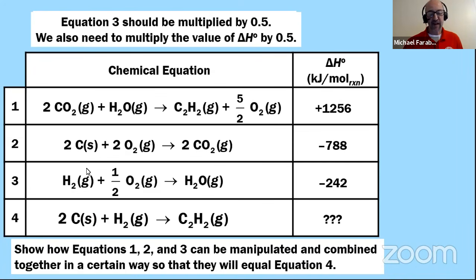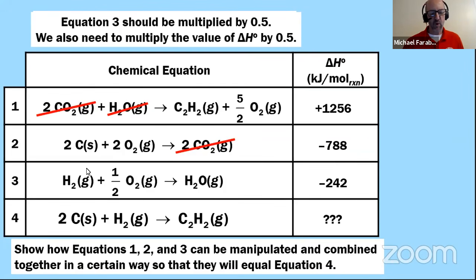So to verify that everything looks good, let's cross off all of the things that are not going to be showing up in the final equation because they are featured on both sides. Kind of like when you eliminate spectator ions in a net ionic equation. I see 2 moles of CO2, and there's 2 moles of CO2 on the other side of the equation. So that gets eliminated.